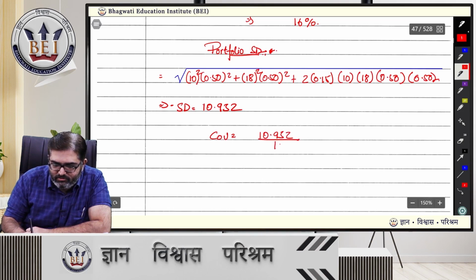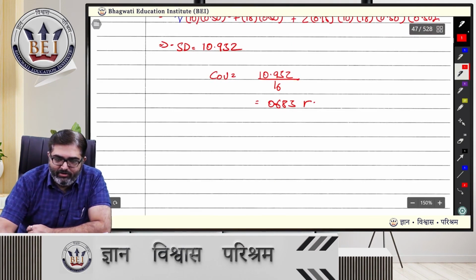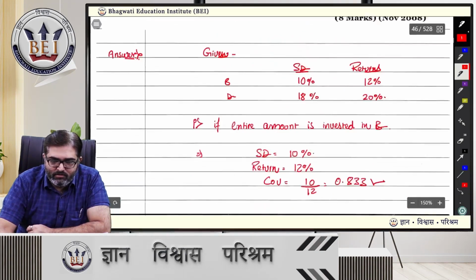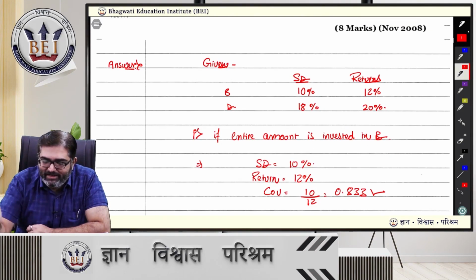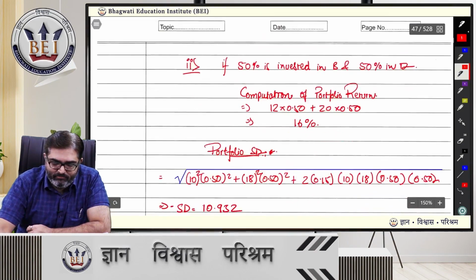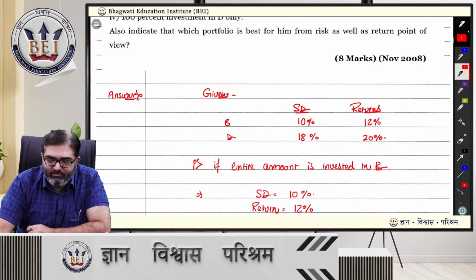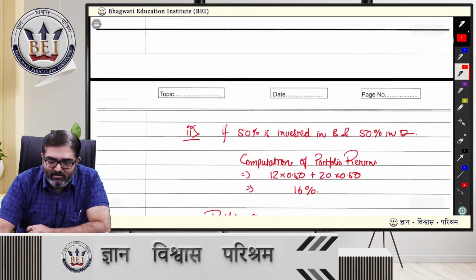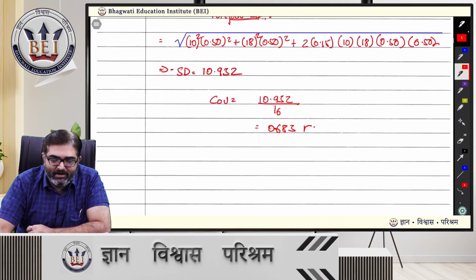It has a lesser COV, that is what we are able to witness, right, and it has a lesser COV than B standalone and D standalone, right. क्योंकि अगर आप डी स्टैंड अलोन भी देखोगे सीओवी के टर्म्स में 18/20 आएगा. It won't be able to beat 0.683 on the downside, right.